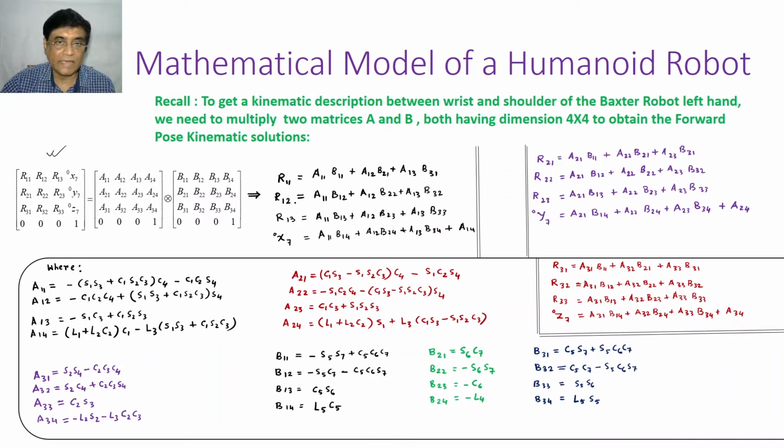So that's the way you got R11. Similarly, R12 will be A11 into B12 plus A12 into B22 plus A13 into B32 plus A14 into 0. Okay. Right. And likewise, you'll have to do this to get R11, R12, and R13.